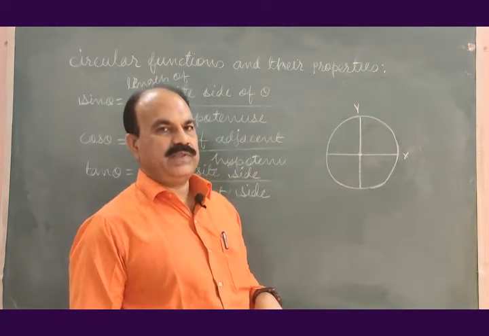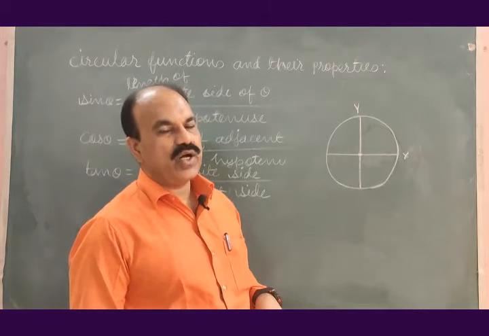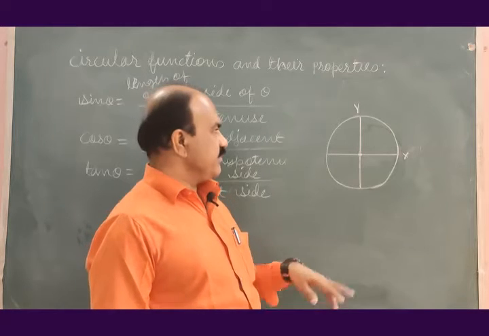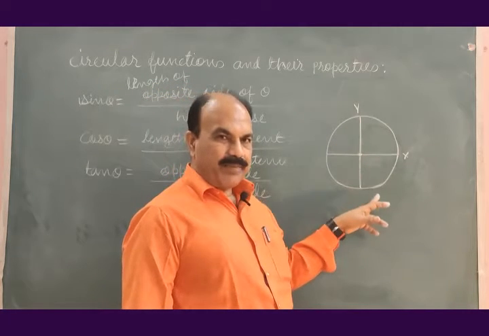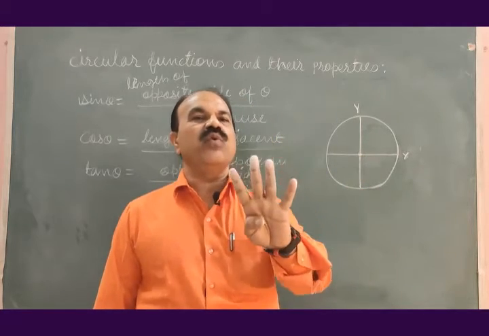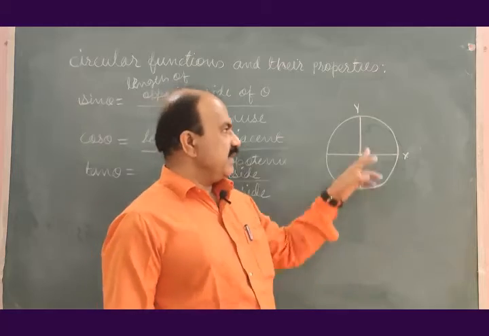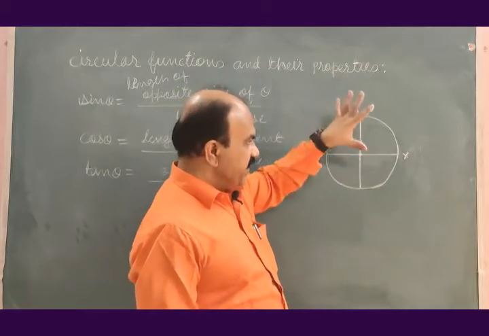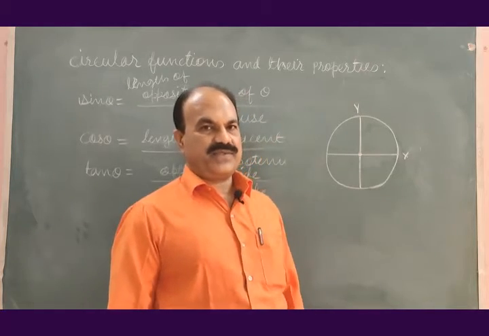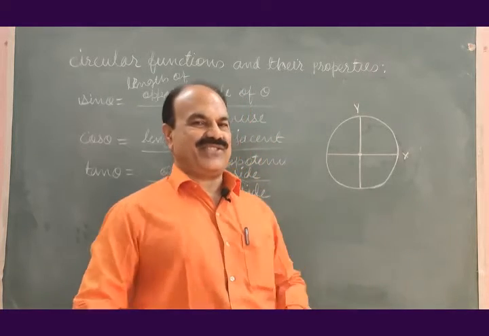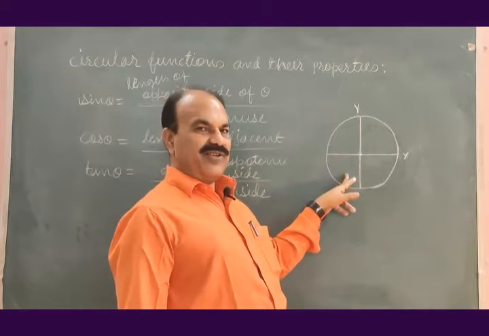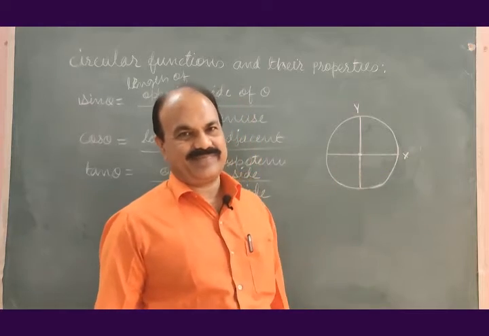Now, let us draw a right angle triangle. This xy plane has divided the unit circle into 4 quadrants, 4 identical parts. First quadrant, second quadrant, third quadrant, fourth quadrant.